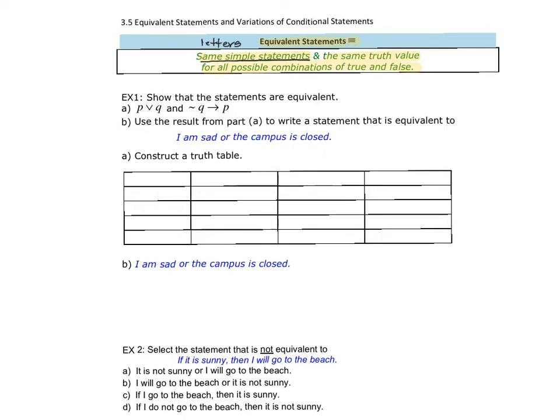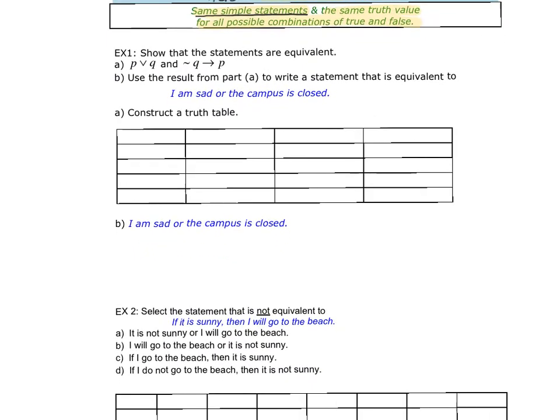So the next thing we want to do is we want to check their truth value. Do they have the same truth values for all possible combinations of true and false? So what we're going to do is we're going to construct a truth table. We have P, we have Q, and then P, true, true, false, false. Q is true, false, true, false. So the idea is to put P or Q, if not Q, then P, put them both in the truth table and compare them.